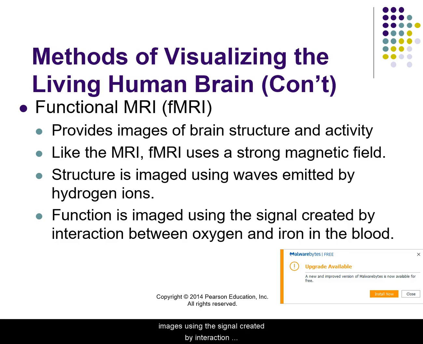But the function is imaged using the signal created by interaction between oxygen and iron in the blood. Again, that is the same. The difference here is that there are many MRIs that are done in succession with one another very quickly. And so, again, kind of like that tomography, it's adding up individual pictures and it makes a three-dimensional image.